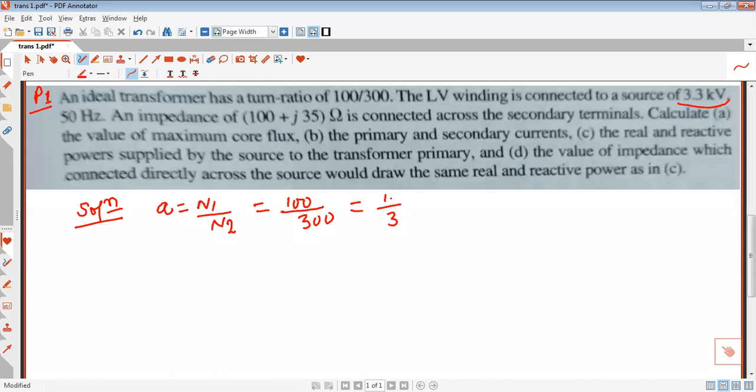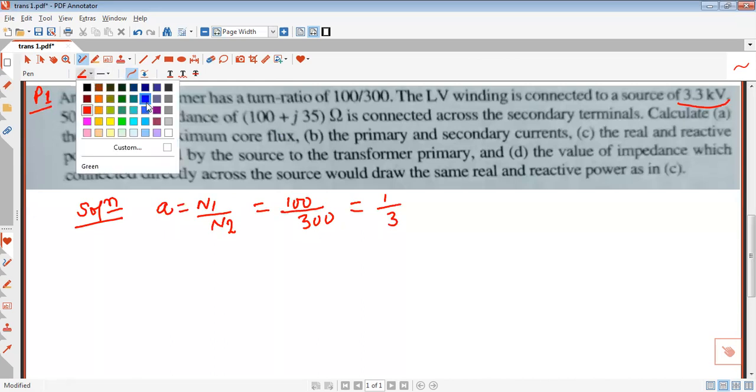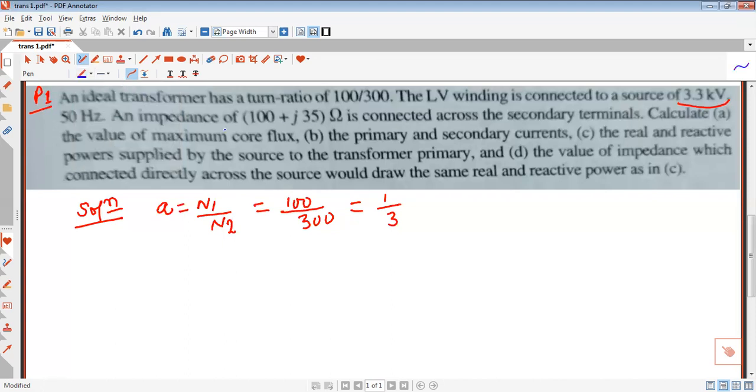In the first part we have to calculate the value of maximum core flux. What will be the maximum core flux in the transformer when it is connected to 3.3 kilovolt on the primary?